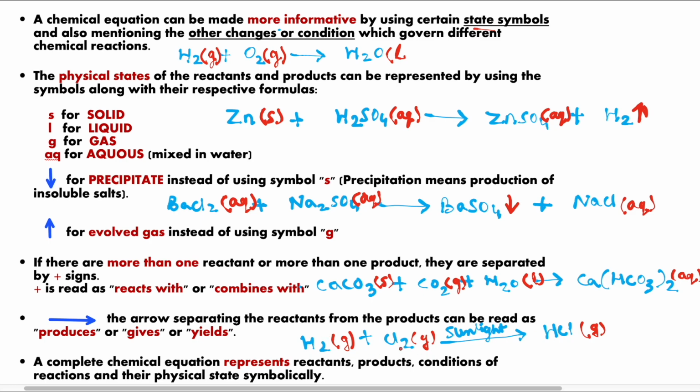So here in this reaction, the chemical equation represents the reactants hydrogen and chlorine, the product hydrogen chloride, and the condition of the reaction, that it is taking place in the presence of sunlight. So whatever examples we have seen, they are giving us more information about the reactions taking place.